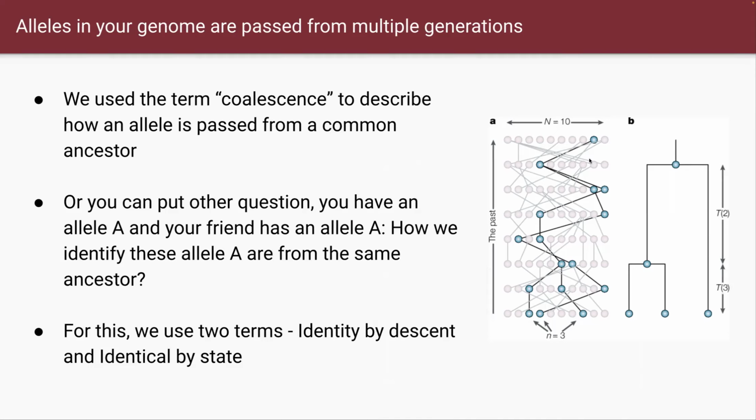If you track them down, you can see the common ancestor passing these alleles to the current generation. The question is how these alleles pass from the past to here, and whether these alleles are the same one as the common ancestor's or not. That's important. To figure this out, you have to come up with two different terms. The first is identity by descent, shortly IBD. The other is identity by state, shortly IBS.